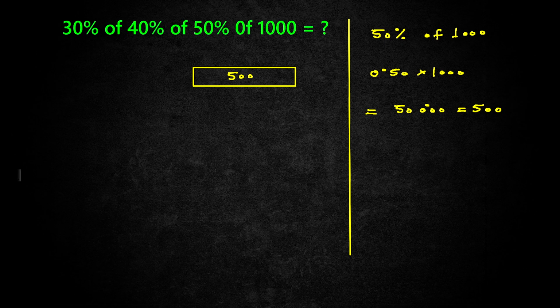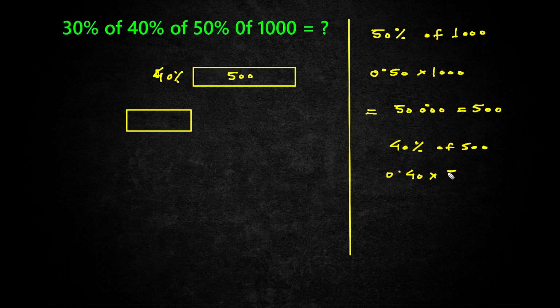Then our goal is to find what is 40% of the value we found, which is 500. So 40% of 500. I will do the fastest one at the end because we have to know why we are using decimals.